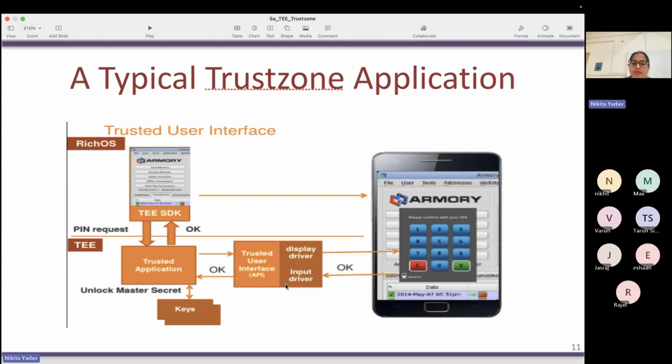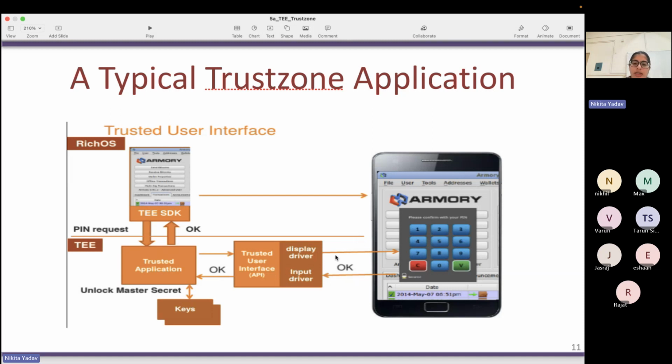So the system has been configured such that when you enter something on your display, it works with interrupts. When your user enters something, that causes an interrupt, right? And when the interrupt happens, your secure monitor is going to decide whom to pass this interrupt to.